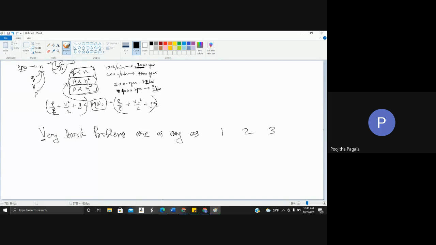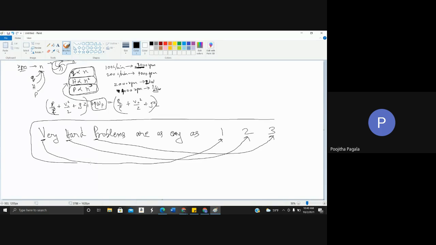So VHP. V stands for volumetric flow rate, which varies as N power 1. H stands for head, which varies as N square. P stands for power, which varies as N cube. By remembering this sentence, you will be able to remember the pump scaling laws easily.